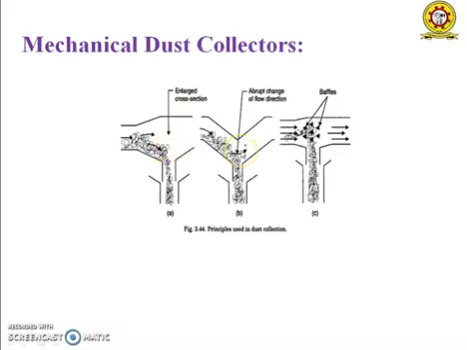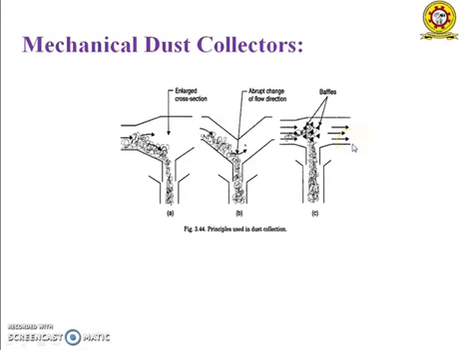And the second basic principle represents that when a gas makes a sharp change in flow direction, the heavier particles tend to keep going in the original direction and they settle down easily. So the heavier particles settle down and the lighter particles move in the upward direction.